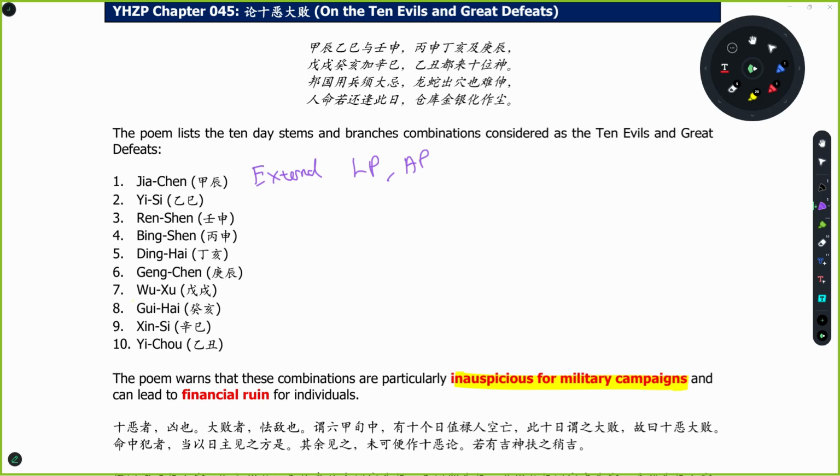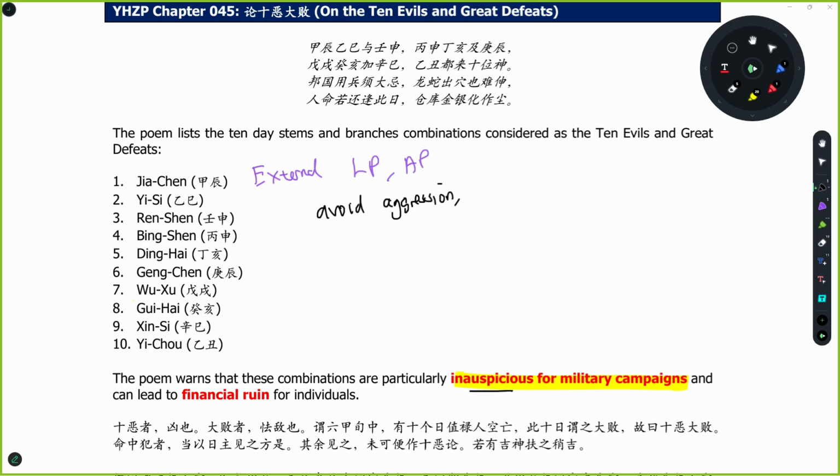External indicates that the luck pillar or annual pillar would denote that one should be more conservative. So basically, it's an invitation to avoid aggression, to avoid extreme action. Because why?